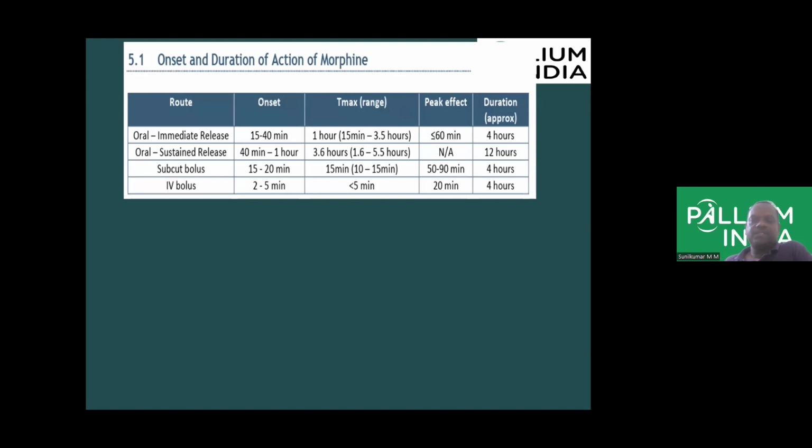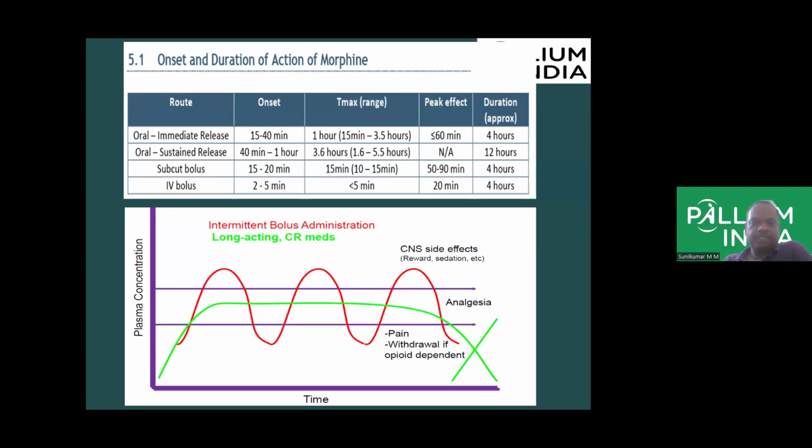The peak effect is by about 1 hour, whereas subcutaneously peak effect, they say it will take up to 50 to 90 minutes, whereas IV bolus dose, it will take 20 minutes. But the duration of action is 4 hours, except for sustained release morphine, where it is 12 hours.